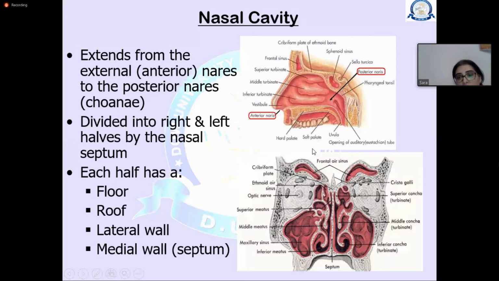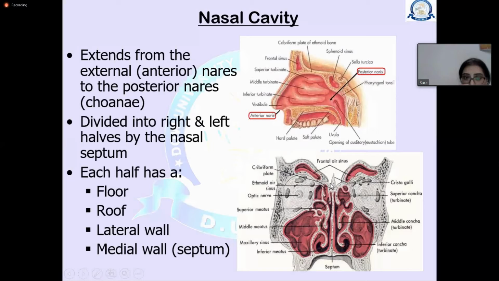Each half can be called the right and the left half of the nasal cavity. Rather than calling it each half, this triangular or pyramid-shaped structure is what is the nose proper.